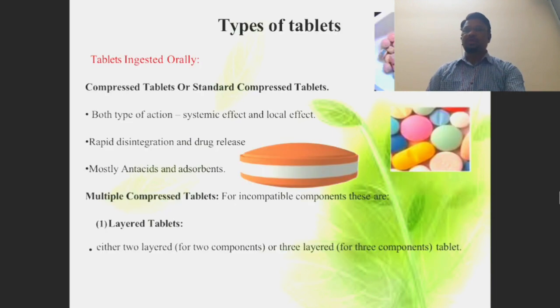These are some types of tablets which are ingested orally. Most tablets we take orally. You can see in the picture a number of tablets in various colors and shapes. A simple tablet is called a compressed tablet. It has a systemic effect and sometimes a local effect.